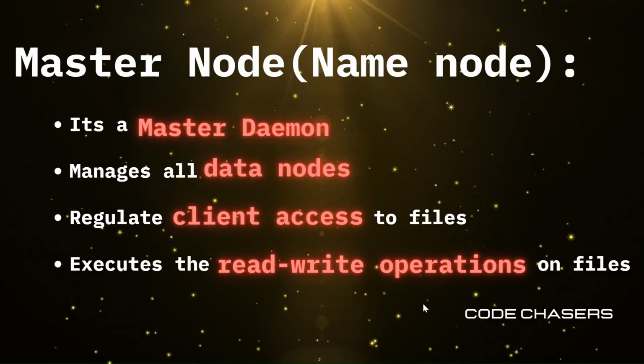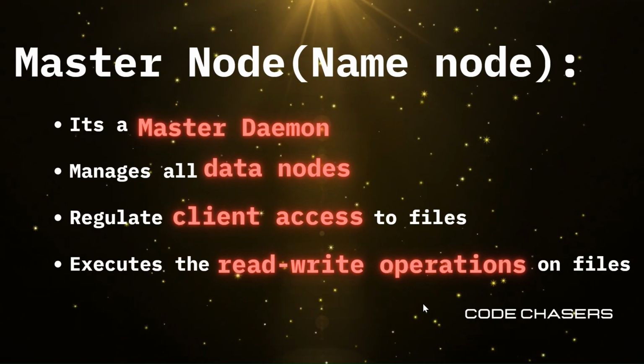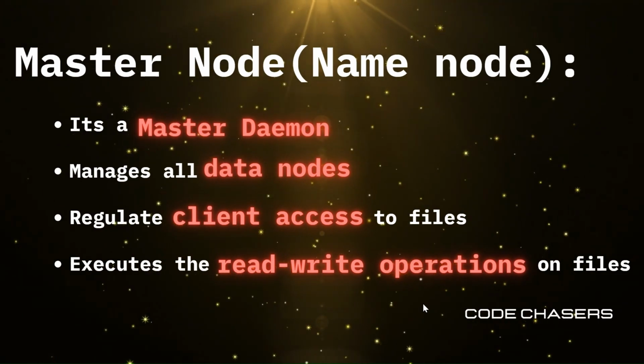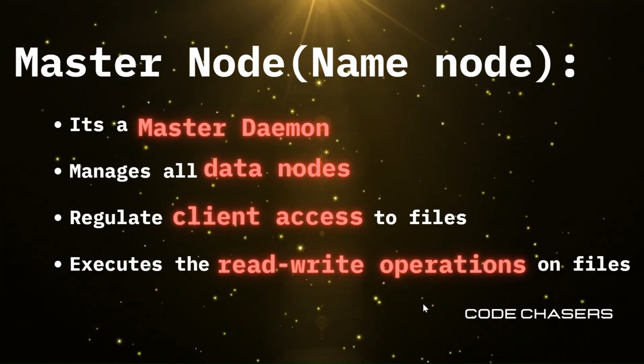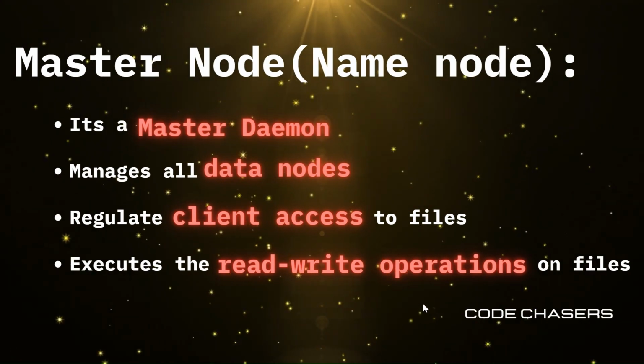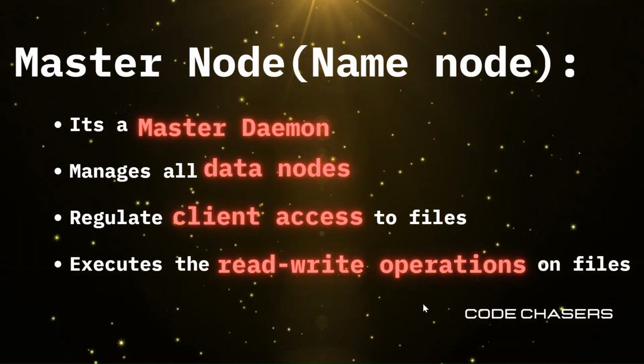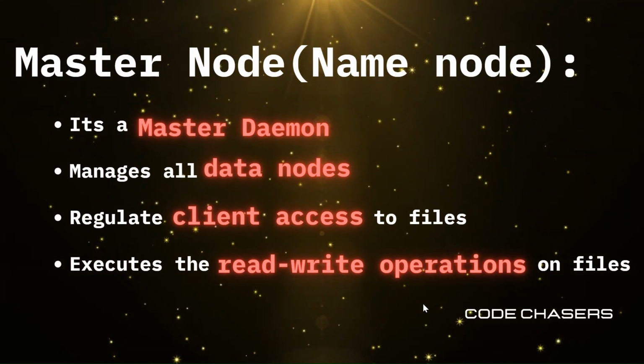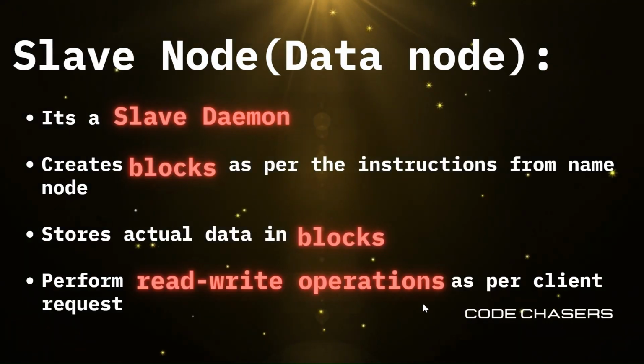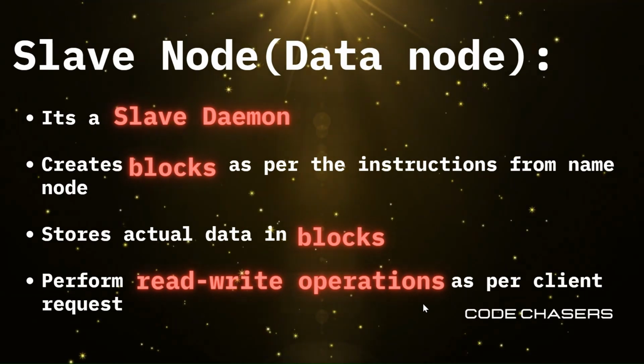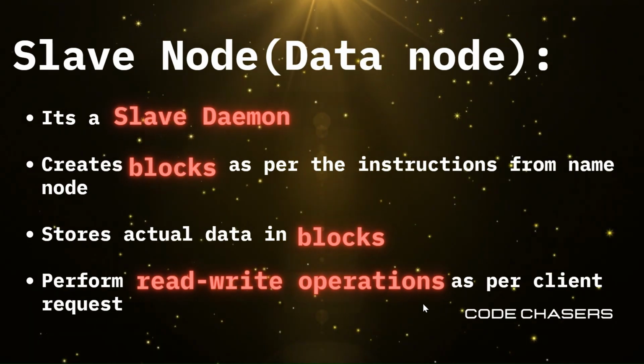We'll also recollect some points regarding the name node and the data node. The master node, which is the name node in HDFS, we generally call a master daemon, and the name node manages all data nodes. It also regulates the client access to files, and it executes the read-write operations on files. Coming to the slave node, that is the data node, we generally call it a slave daemon.